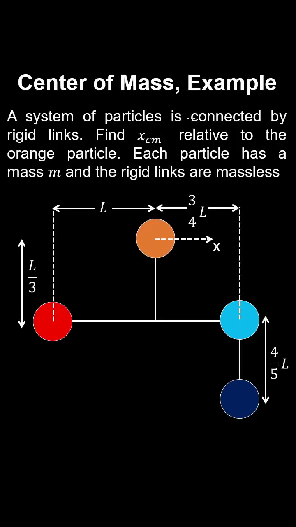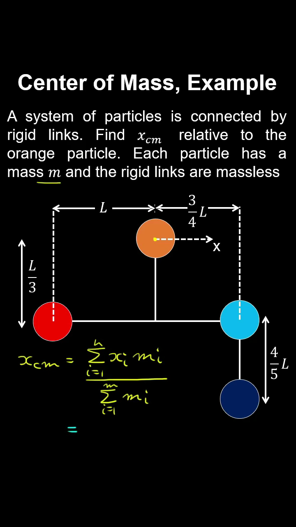A system of particles is connected by rigid links, and we're asked to find the horizontal center of mass relative to the orange particle. Each particle has a mass m and the rigid links are massless. So writing our expression for the center of mass, what we do is multiply the horizontal distance to the particle relative to the orange particle, as we're asked, by the mass of the particle.